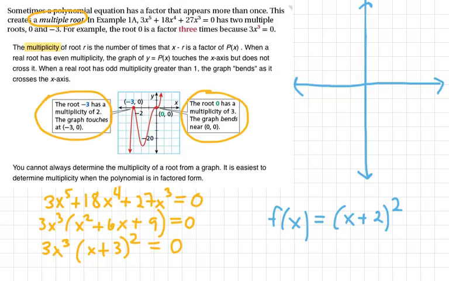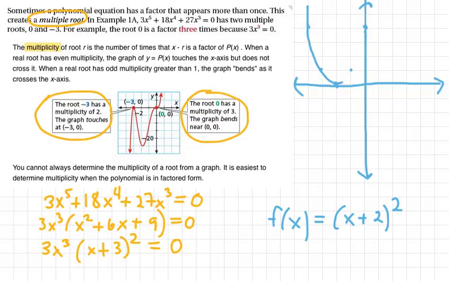Another really simple example would be f of x equals x plus 2 squared. If I were going to graph this, I know that the vertex is at -2, 0, and there's no dilation, so it goes to the right 1, up 1, to the left 1, up 1 from -2, 0, and it has a point at 4 on the y-axis.